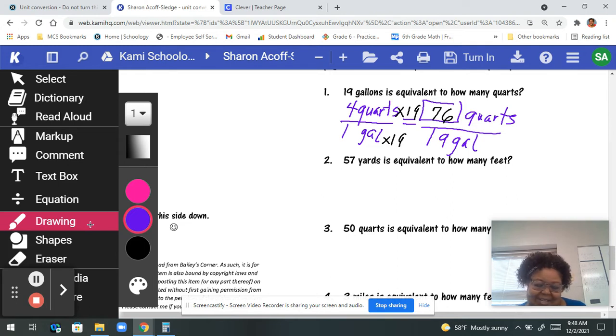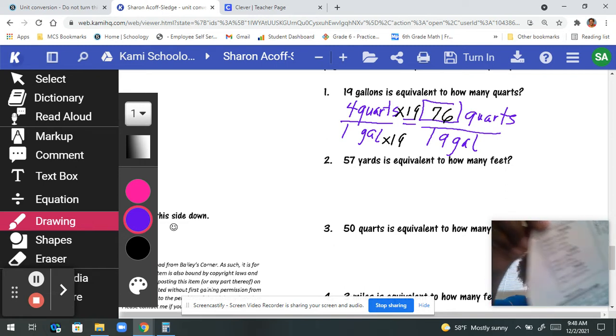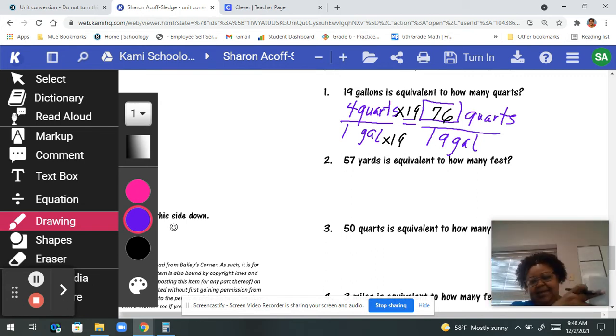57 yards is equal to how many feet? Is equivalent to how many feet? So according to our conversion table, I'm talking about this one right here. 3 feet is equal to 1 yard. And I'm just going to use the abbreviations, y'all. No biggie.